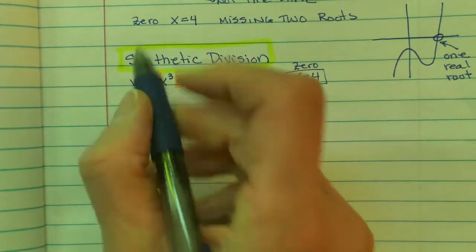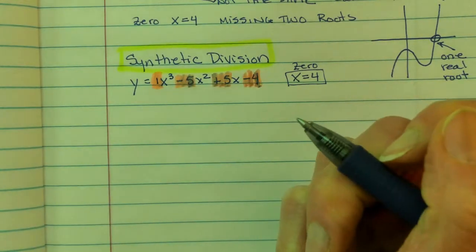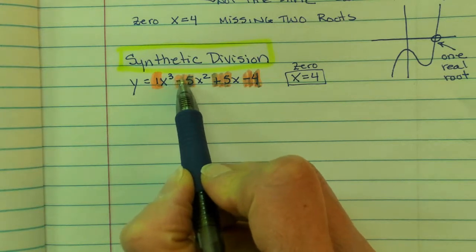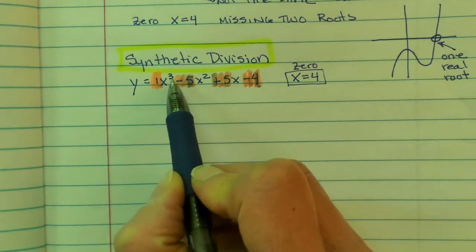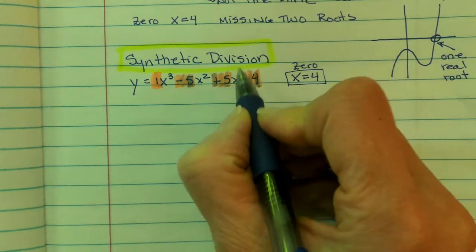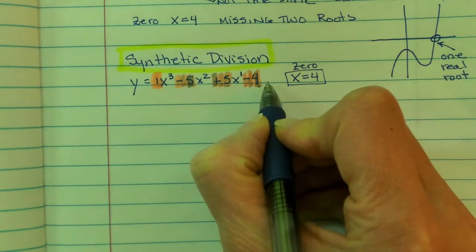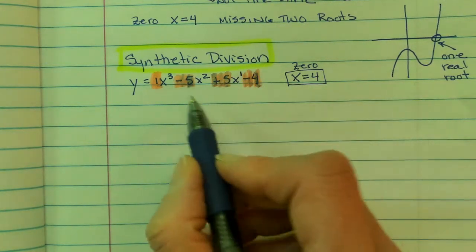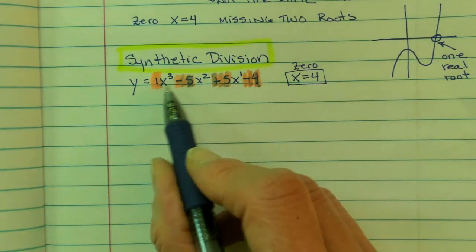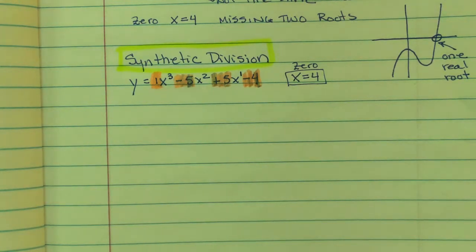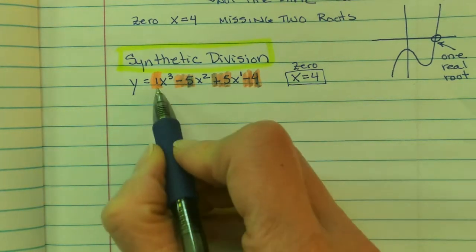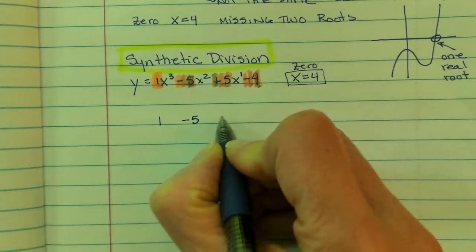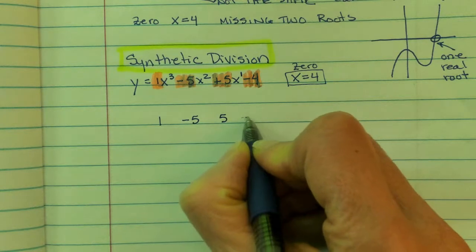So I have to understand that there's a 1 here. And the other thing I have to make sure is that my exponents descend in order. So this is 3, 2, 1, and none. So it's in standard form, and I have all my x's there. Something else, we need to do a placeholder if I'm missing one of these, and we'll look at that in another video. So I'm going to write my coefficients: 1, negative 5, 5, negative 4.